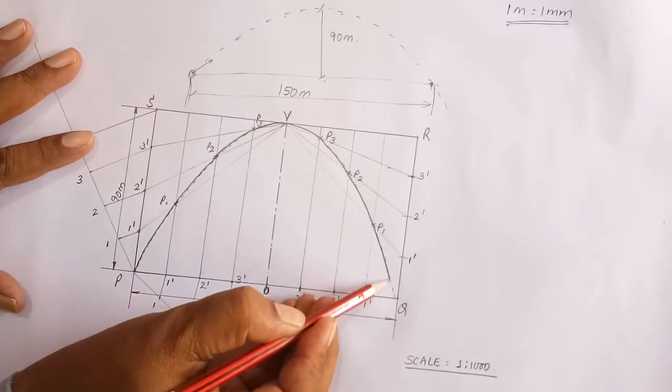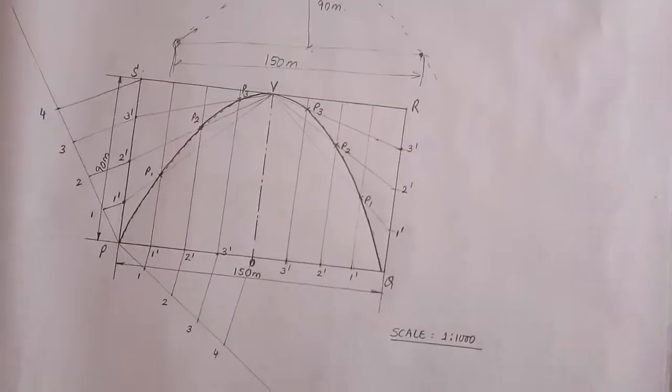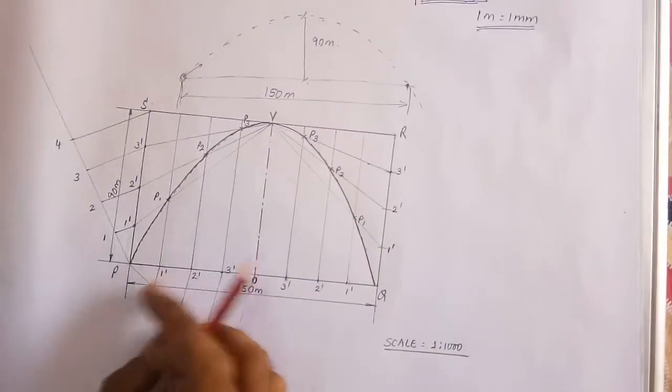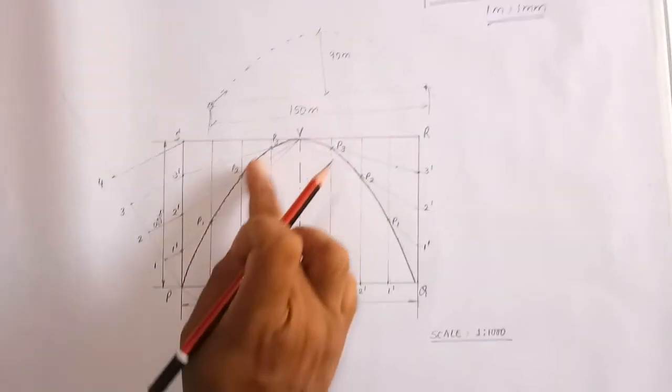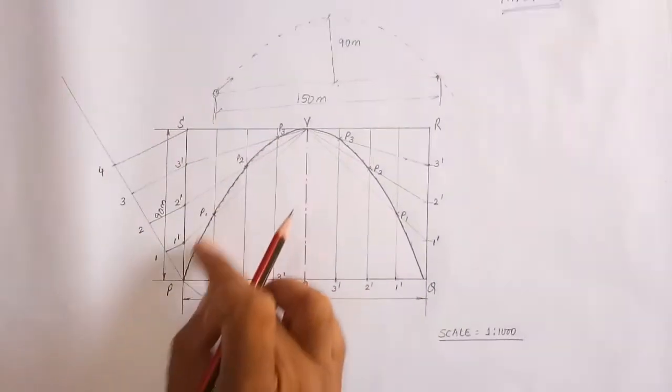Join all this by means of a smooth curve. Now this is the projectile motion. This is the path traced by ball in the space.